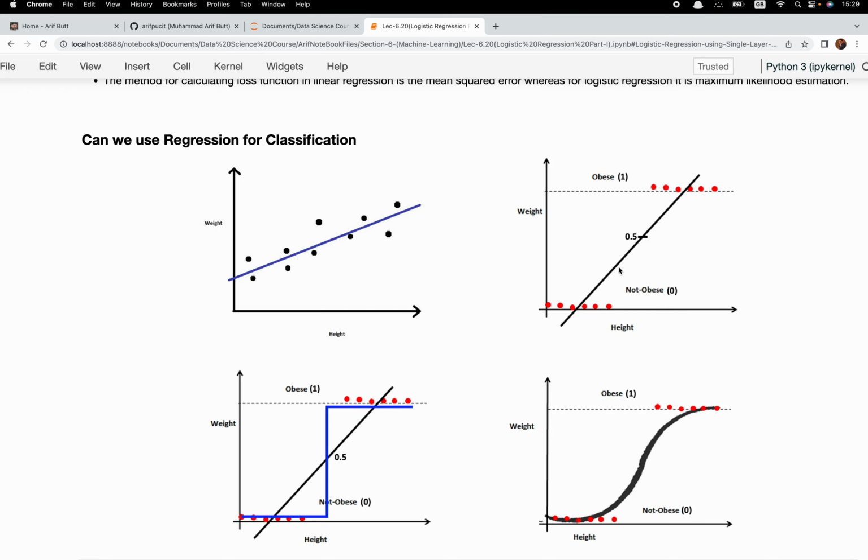So this is a classification problem having two input features. So we need to draw a line. Suppose somehow we draw this line which is shown over here and decide a threshold value, say 0.5, and note that all the points above 0.5 can be considered as obese, while all the points below 0.5 can be considered as not obese.